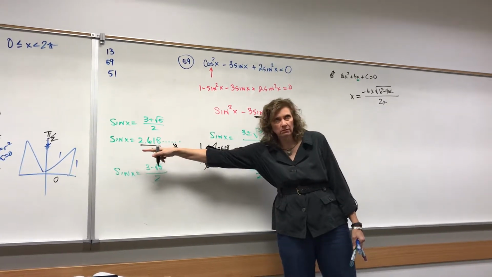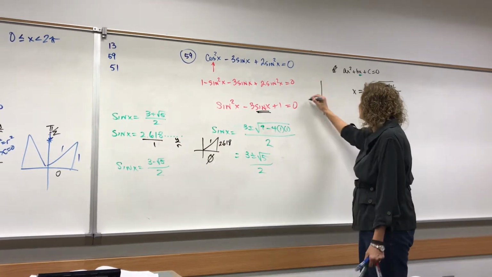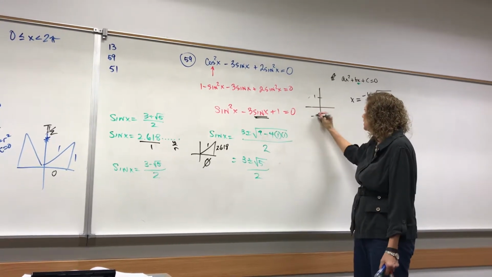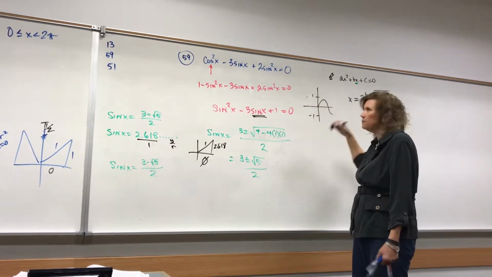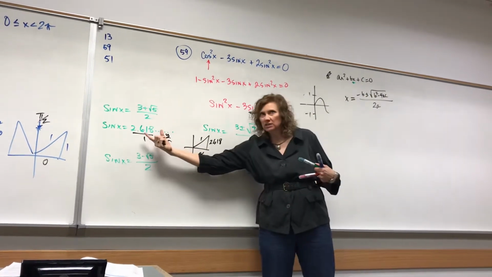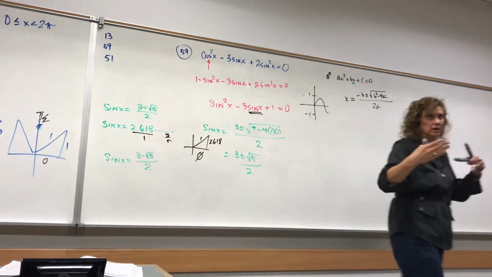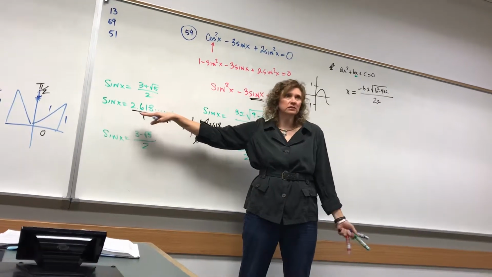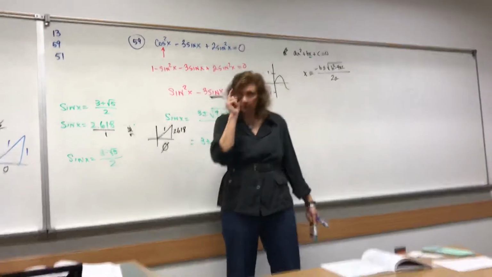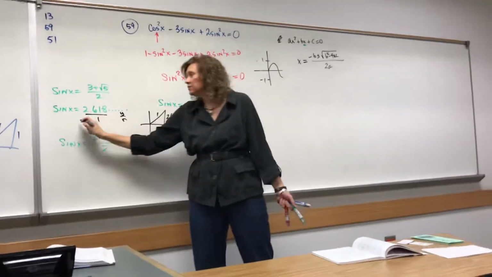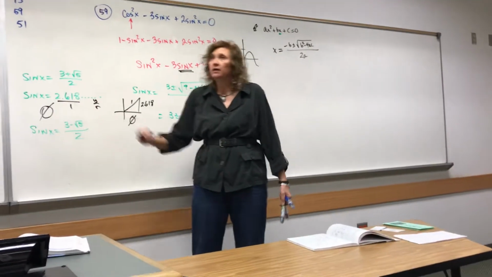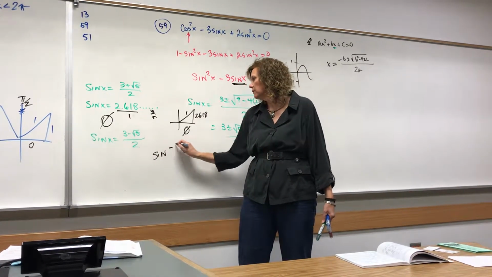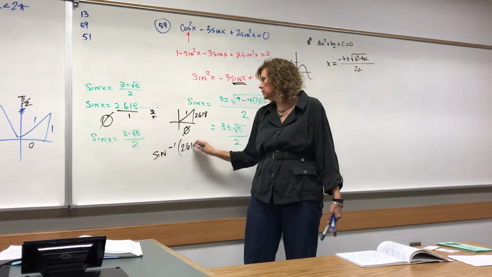The sine function varies between positive 1 and negative 1. So all of my sine ratios are decimals or fractions between 1 and negative 1. That right there is another reason why this is busted. Now, it's kind of nice to go ahead and say the inverse sine of 2.618, blah, blah.